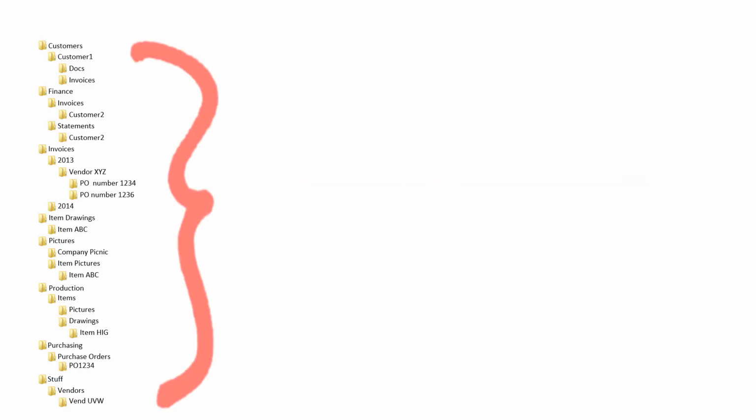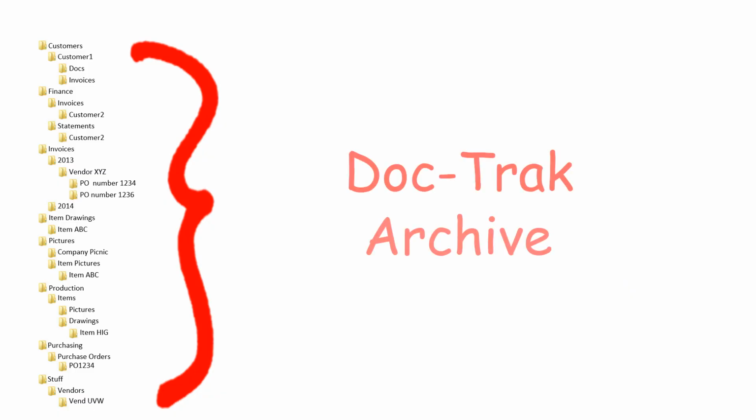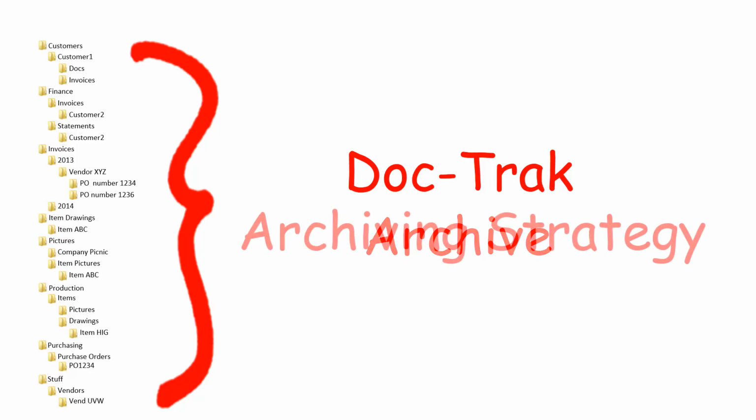We refer to this storage location as the DocTrack archive. And how you choose to organize all of these files is your archiving strategy. Investing a little bit of time up front in developing an easy-to-navigate archive strategy will result in many valuable benefits down the road.